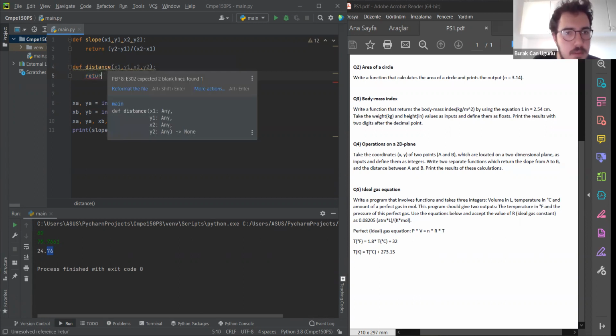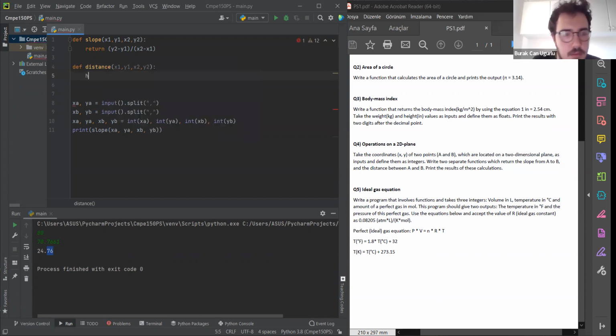So firstly, squares can be found. Just like this.